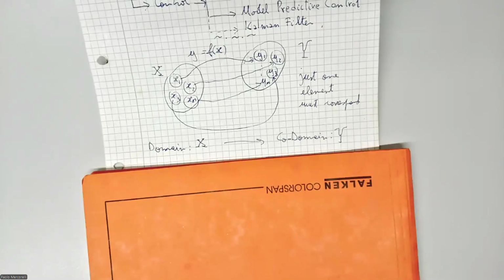If x1 corresponds to two values, for instance y1 and y100, we say that this is not a function, because a function is characterized by unique correspondence. To x1 corresponds something, but just one. To x2 corresponds something, it doesn't matter how I call it, but just one.